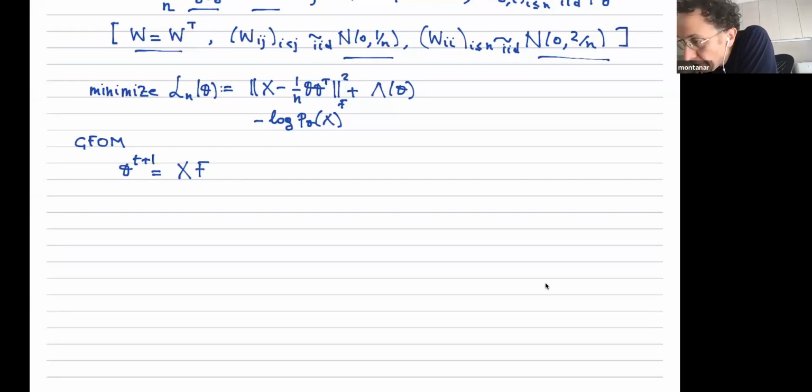So you compute some function, and I remind you that here the convention is that f1 is a function from R^t to R, and I apply it row-wise to the n by t matrix formed by θ1 to θt, and perhaps you add some other function.